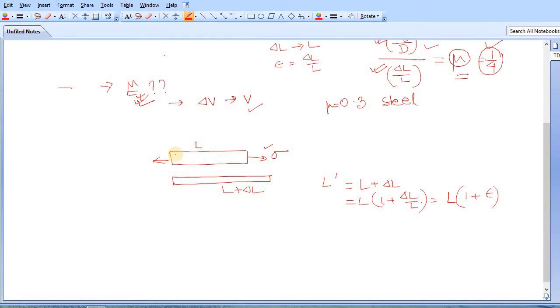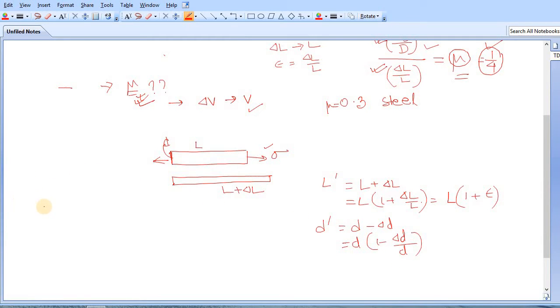And what about the lateral dimension? Let's say it was previously small d, and now it is d dash. Obviously d dash is less than d, or d minus small delta d. Taking d common, d into 1 minus small delta d by d.